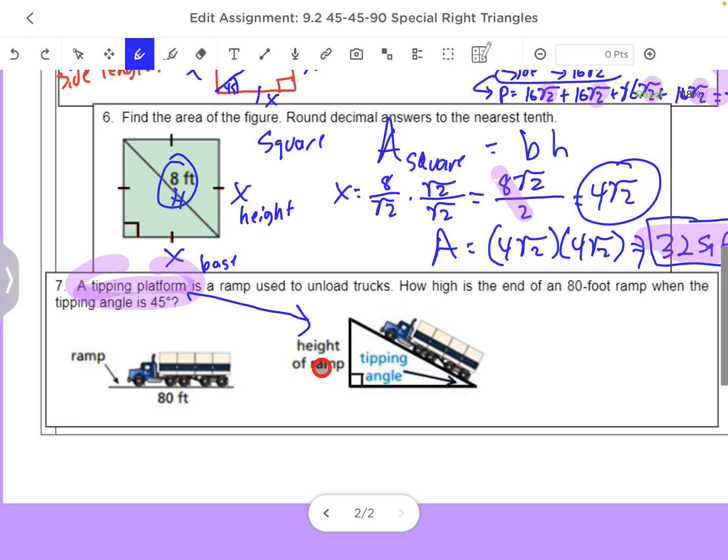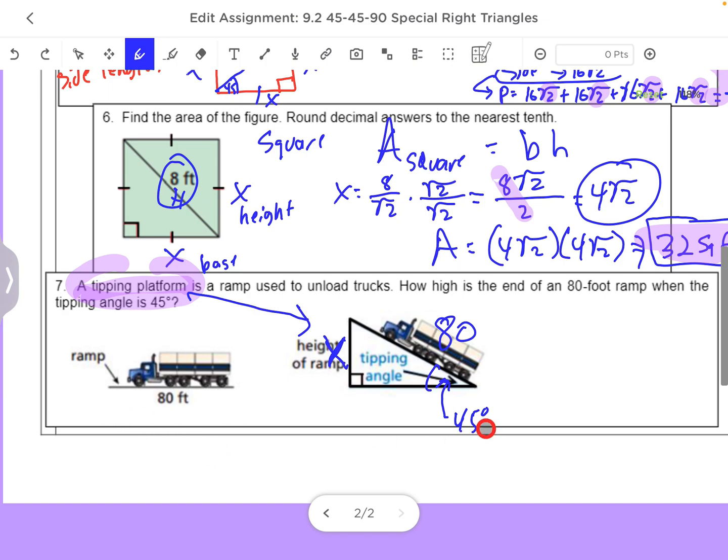Okay, so they're asking how high is this, right? So that's our x. They want to find out how much is this when that's 45 degrees. Okay, so how do we know? What else? It says the ramp is 80, so that's the ramp, right? So that much is 80, right?